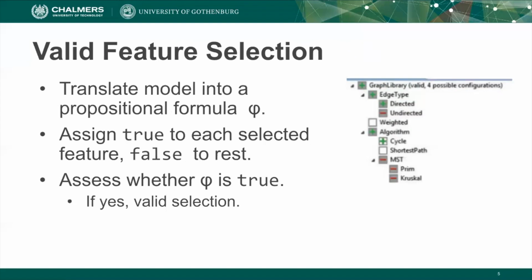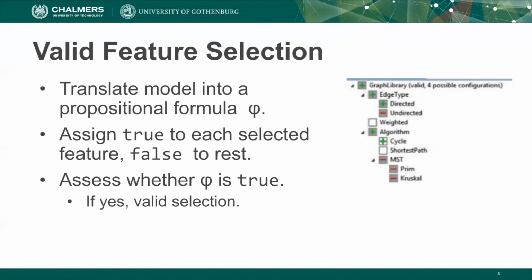The first analysis is that of feature model validity. A question that we can answer easily is whether a given feature selection is valid for a given feature model. To this end, we can translate the feature model into a propositional formula phi.